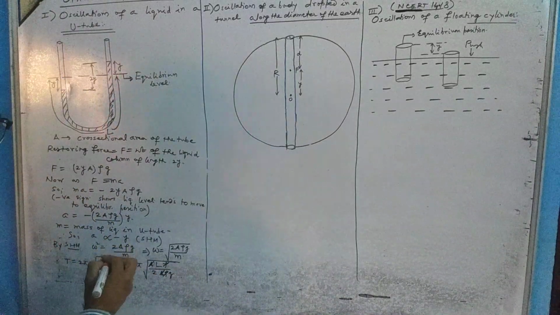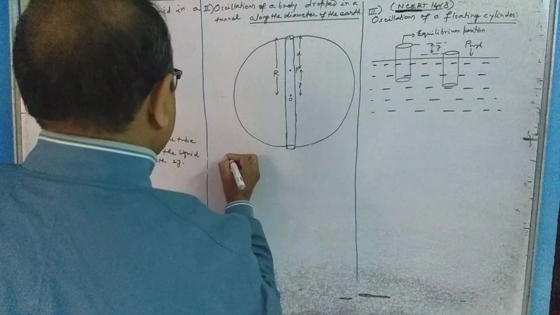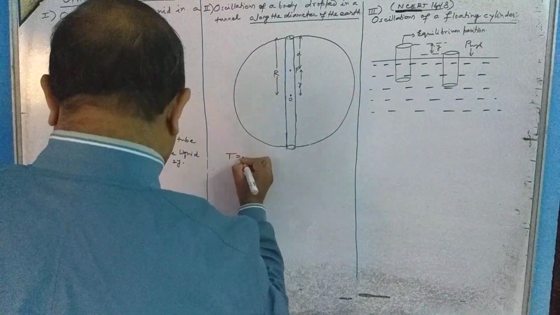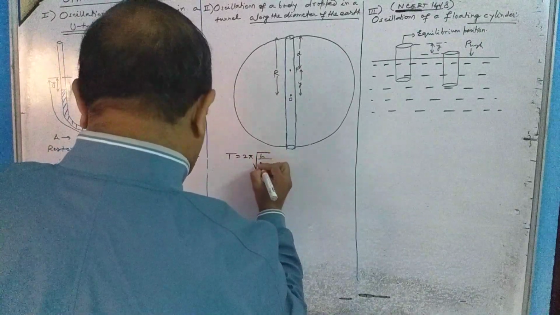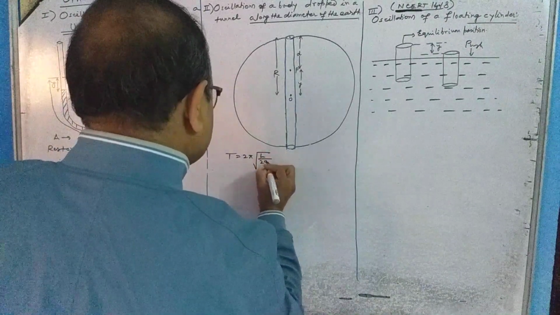That's why finally I am writing the expression here. T is equal to 2π root of L by 2g.